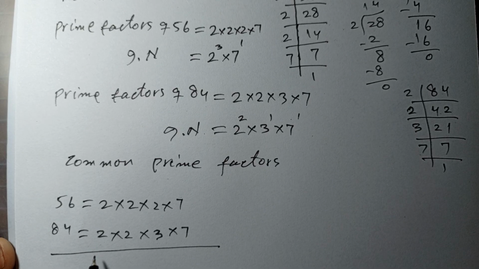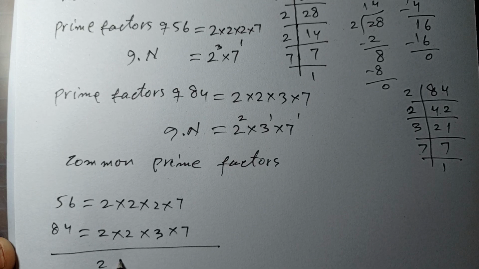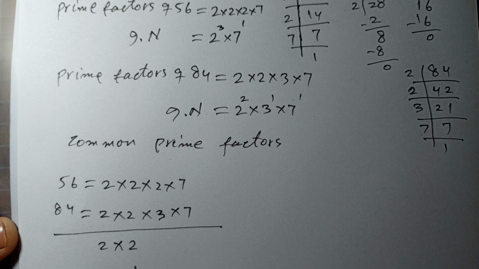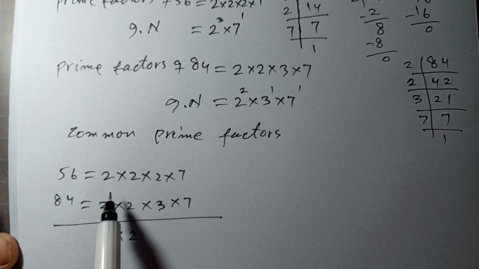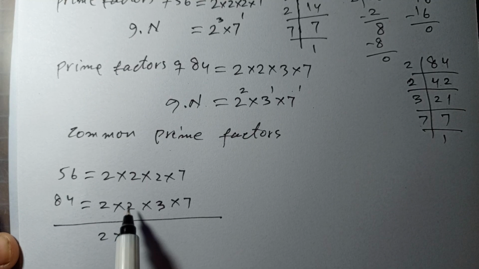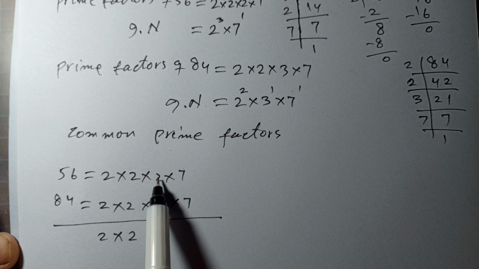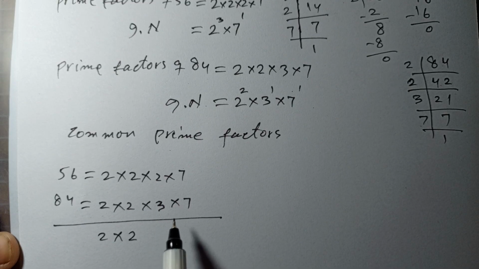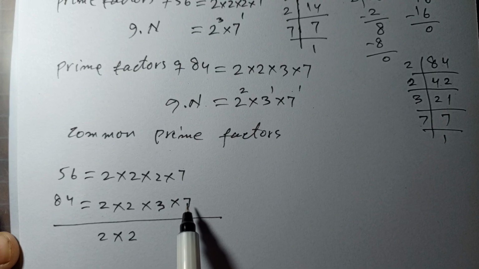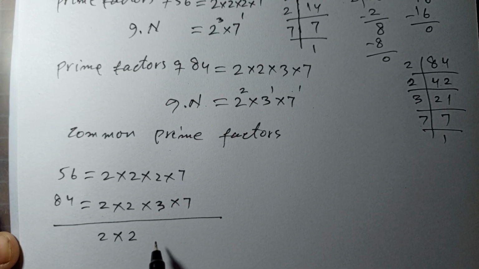So from these two you can write 2 here. From these two you can write 2 one time here. These 2s are common, and this 2 and this 3 are not common, so we can't write anything here, and 7 is common in both, so we will also write here 7.